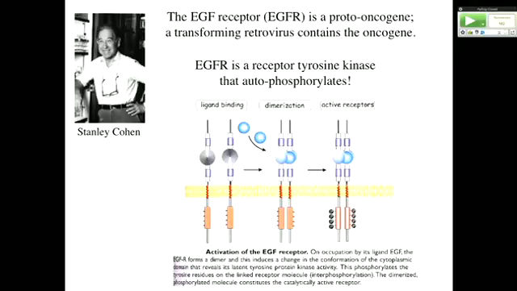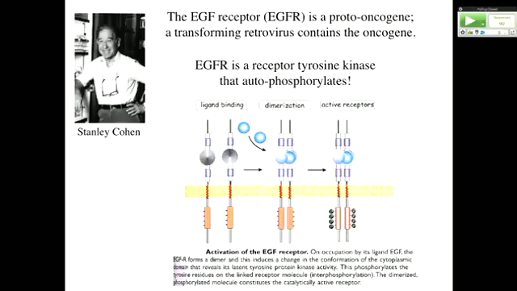What Stan Cohen did was to take hold of this receptor in cells and try to figure out what the substrate was for this receptor-activated kinase. And what he found, after painstaking work by many labs, was that the receptor is phosphorylating itself.